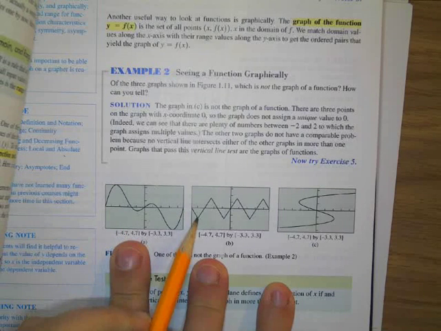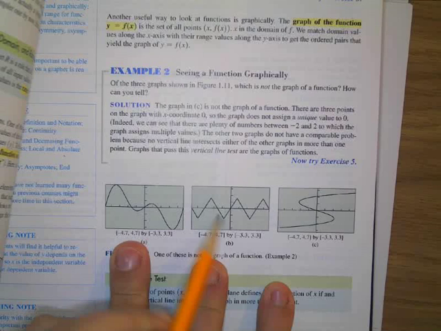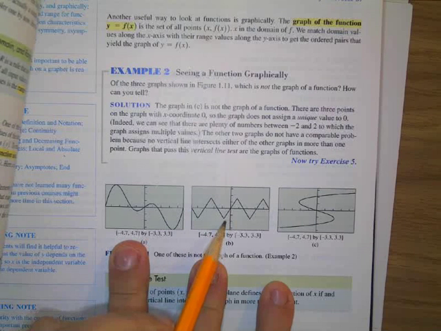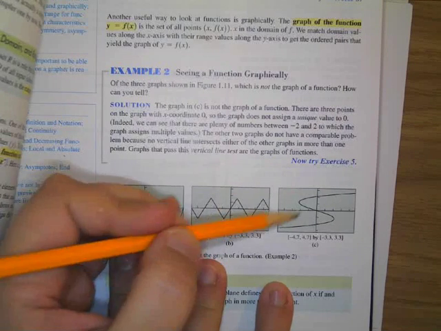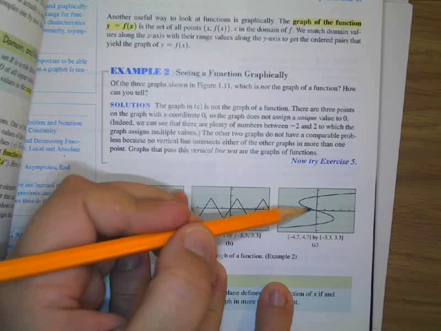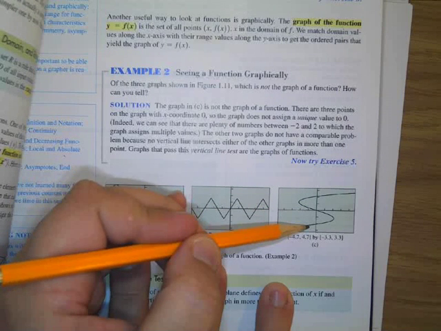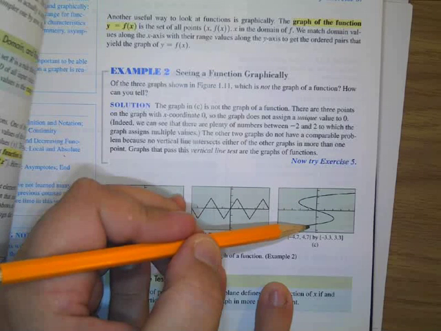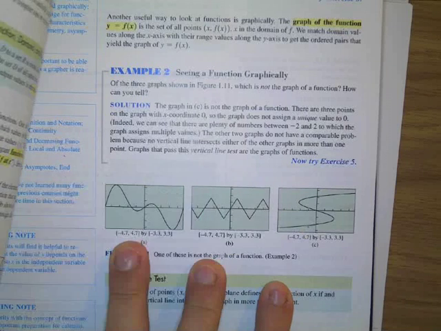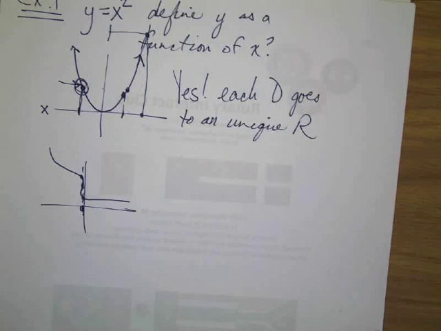What about here? Yes. It looks kind of crazy weird, but that's okay. Every x value goes to only one y value. What about here? Nope. This x value gets how many? 3. It doesn't have a unique output. That's not okay. It fails. It is not a function.